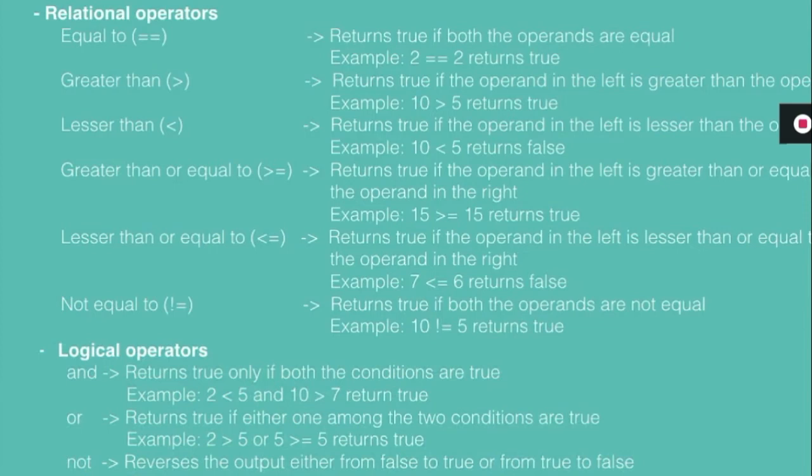As you can see, in all the logical operators I have two conditions, one on the left and one on the right of the operator, and we are operating on them. The result which we get by calculating both of them would be the answer. These are the various operators that we have.